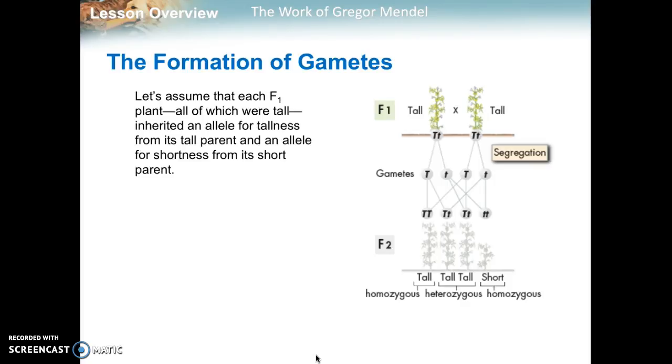So you can see all the big T's and the little t's. So each of them segregates, and they can assort randomly with any other allele from the other parent, producing our big T, big T, little t's, and little t's. So 2 homozygous sets and 2 heterozygous.